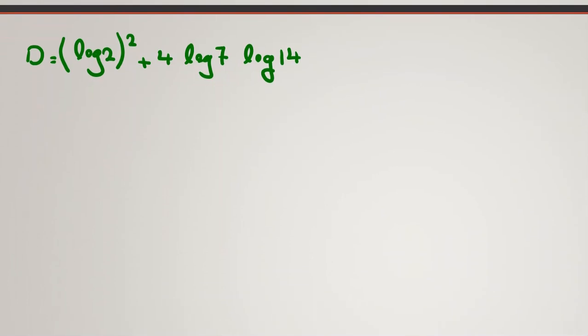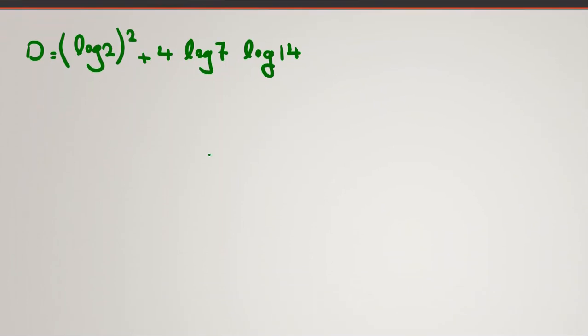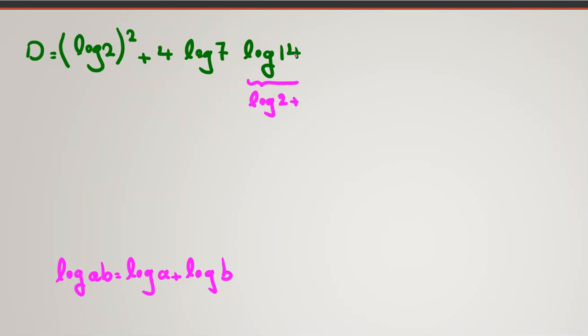We know that instead of log 14, we can write it as log of 2 times 7. We have an important rule in logarithm that log AB equals log A plus log B. If we apply it here, instead of log 14, we can write log 2 plus log 7.